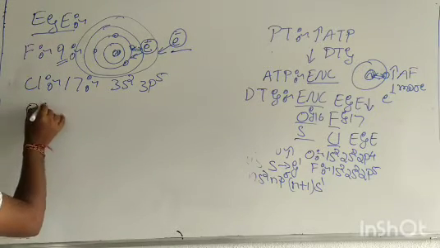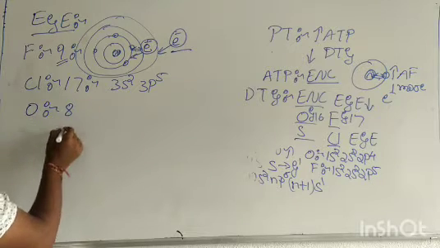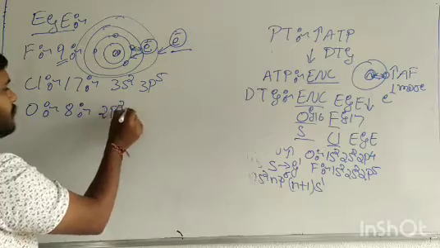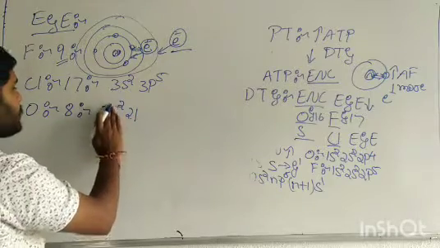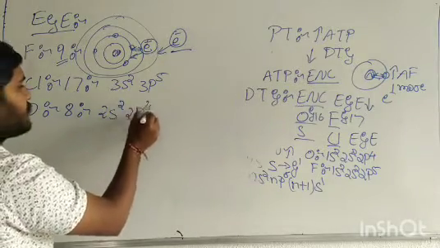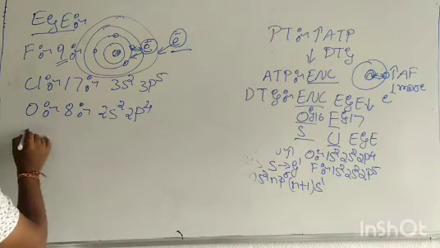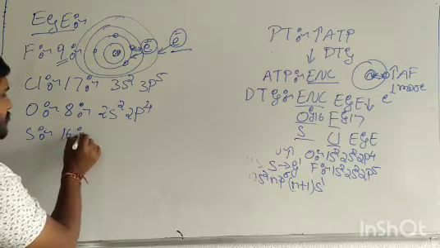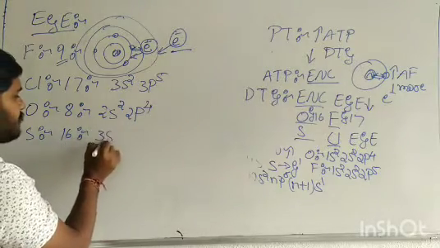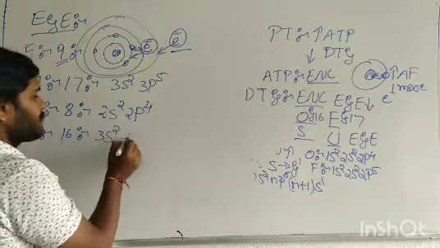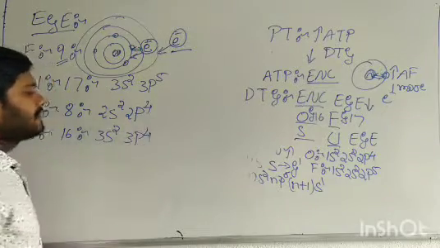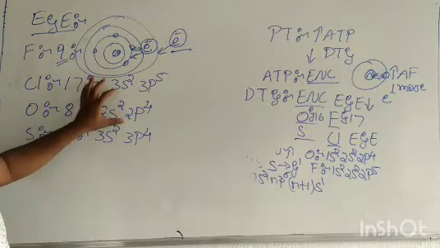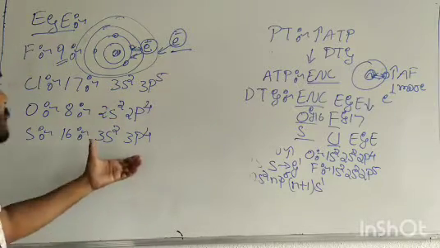Oxygen has 8 electrons, and its outer configuration is 2s2 and 2p4. Whereas sulfur has 16 electrons, and its outer electronic configuration is 3s2 and 3p4. Again, the size of the atoms increases from oxygen to sulfur, so the repulsions between the electrons will be less.